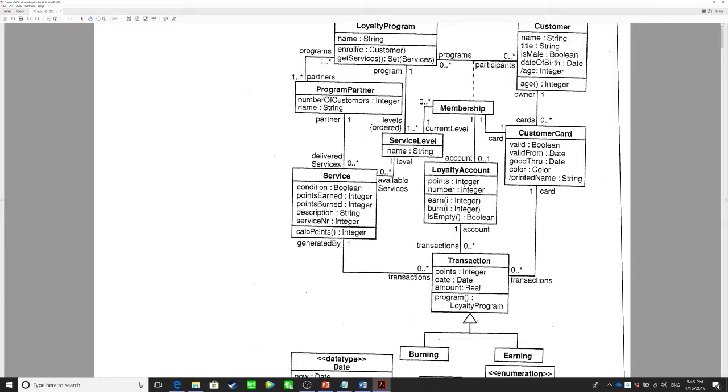Various transactions on this account are possible. For example, the loyalty program has four program partners: a supermarket, a gas station, a car rental service, and an airline. How does that happen? I'm going to read this example. How can a program be used in different stores?